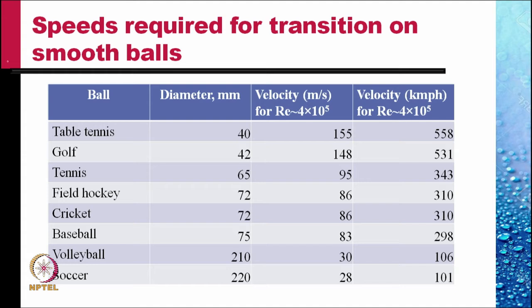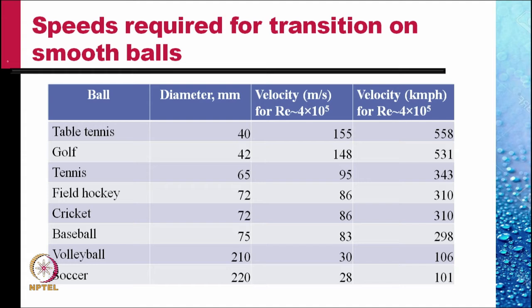For the various balls, that translates into velocity in meters per second with a value as high as 155 meters per second for the smallest of these balls, the table tennis ball, and the lowest of about 28 meters per second for a soccer ball.